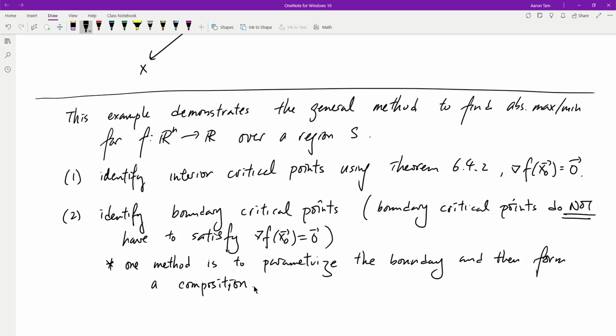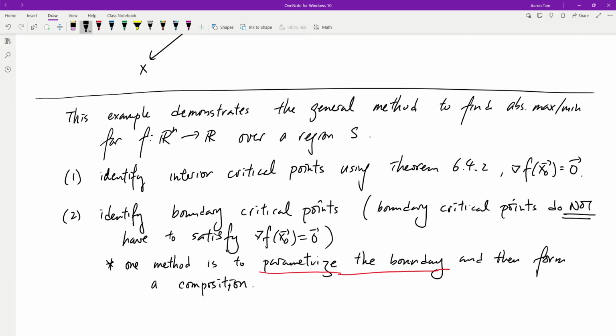Because once you've parameterized the boundary and formed a composition, you can identify the boundary critical points by using the derivative. However, this is not a good method because you have to parameterize the boundary, which is actually extremely difficult to do. In our previous example, it was easy because we had an ellipse, which is a very easy way to parameterize a curve.